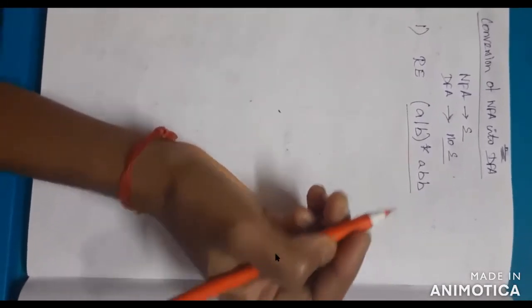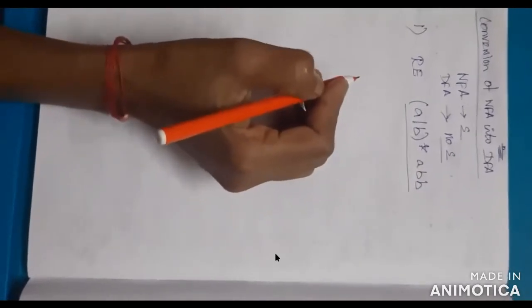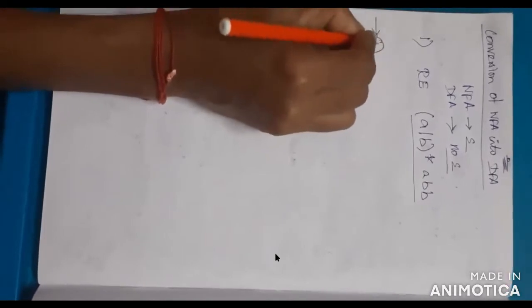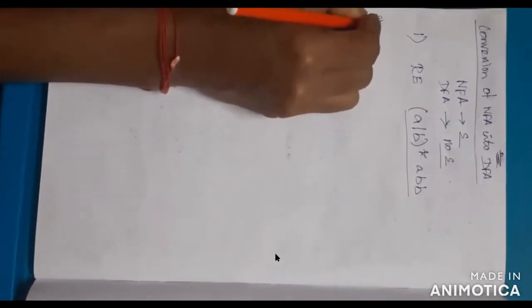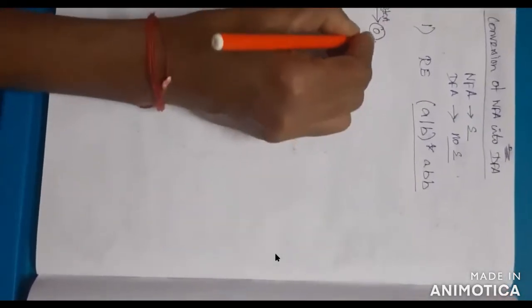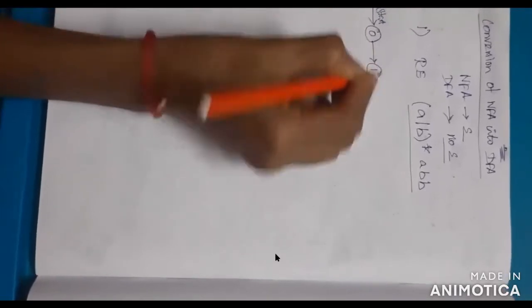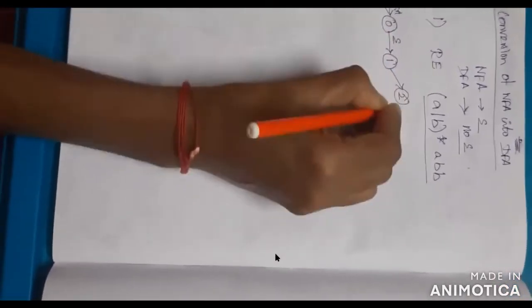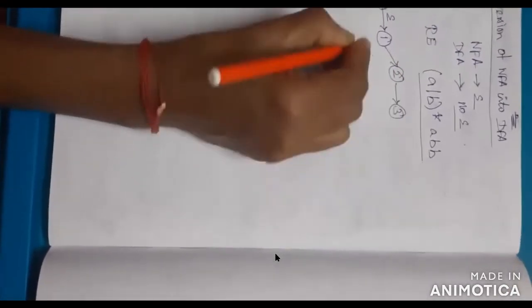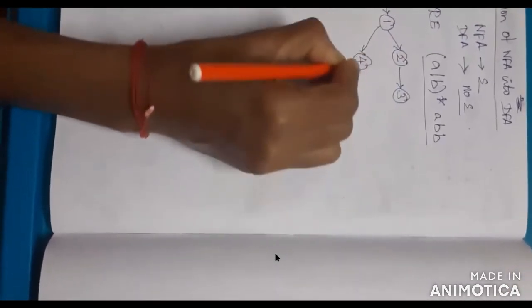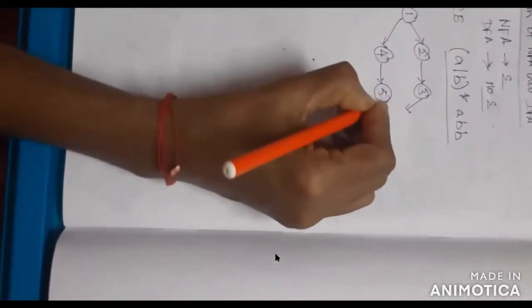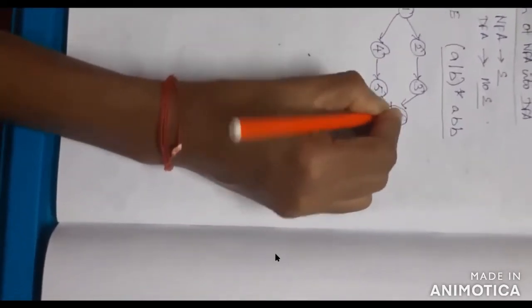First you have to draw the NFA diagram. How to draw the diagram? This is the diagram procedure. Start, this is start 0. So 0 to 1 empty, 1 to 2, 2 to 3, 4, 5, 6.